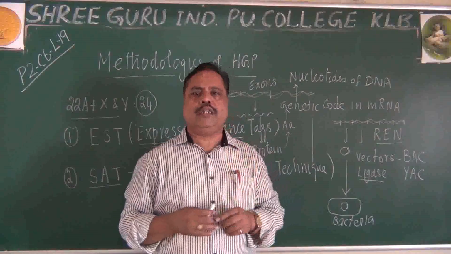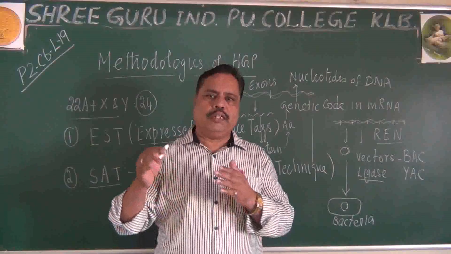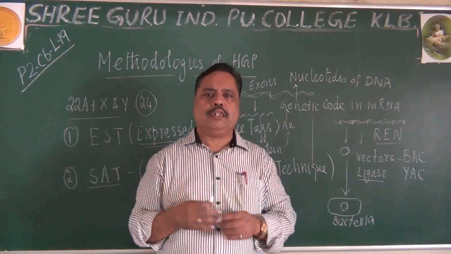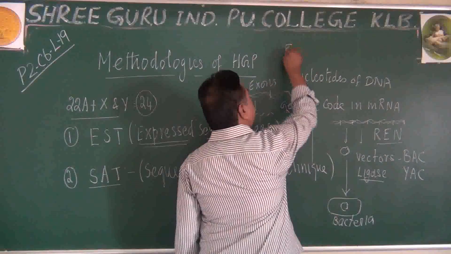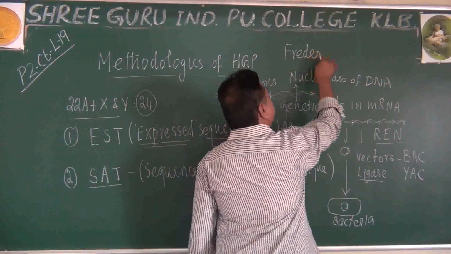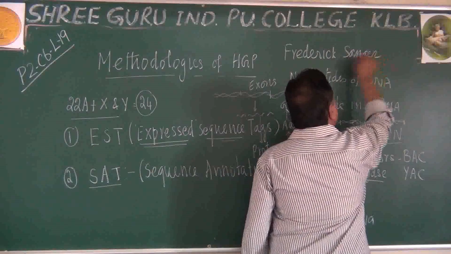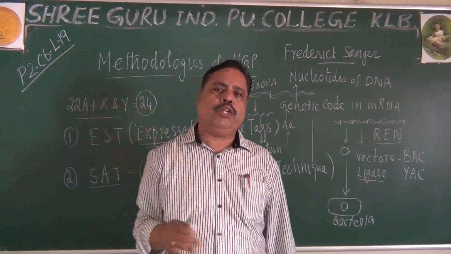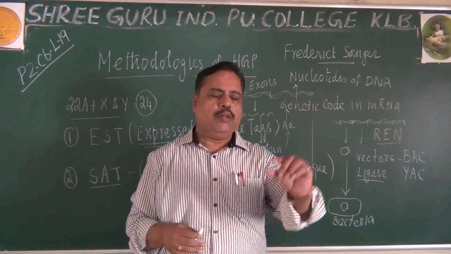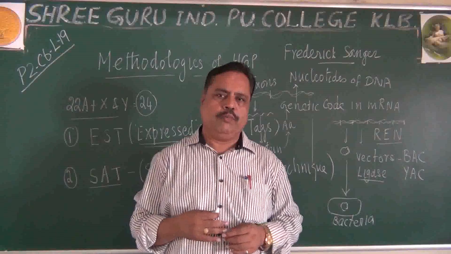For all these techniques, we need a computerized technique or computational ideas also. One scientist called Frederick Sanger, remember him. He is the scientist who discovered the method of deciphering the protein molecule. Amino acid sequence could be deciphered from the protein molecule.